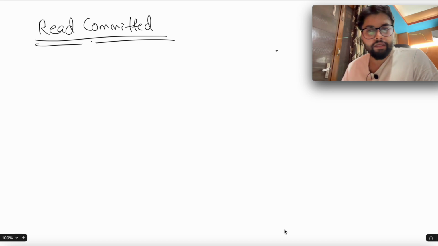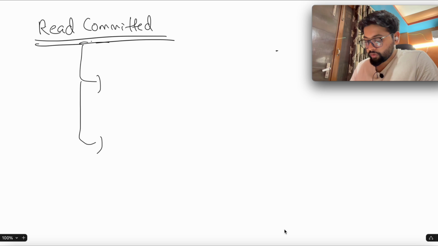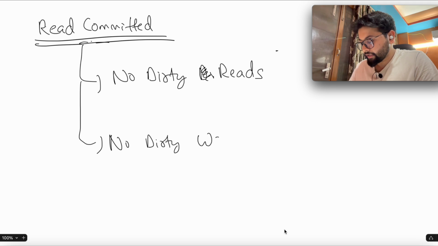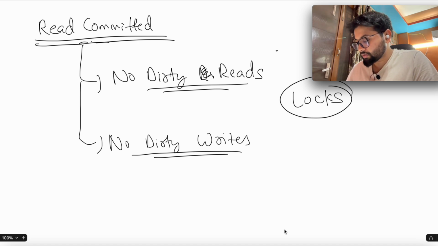We discussed dirty reads and dirty writes, what both of the concepts are. Now, what read committed makes sure of is that there are no dirty reads and no dirty writes. Now you can easily understand what a read committed scheme is, since we already have an idea about what dirty reads and dirty writes are. And how it makes sure of that is by acquiring locks on the data items.